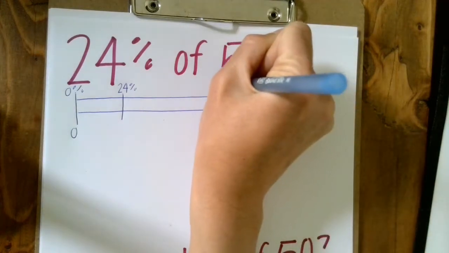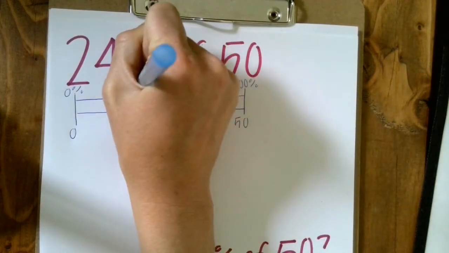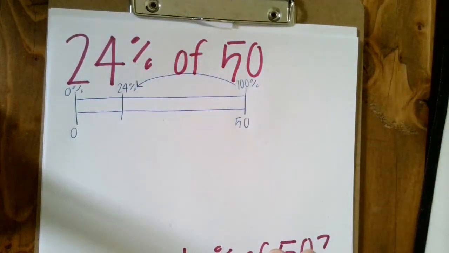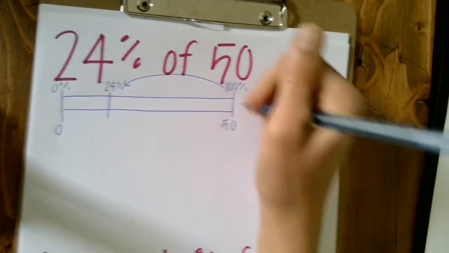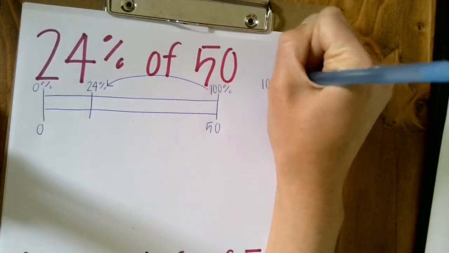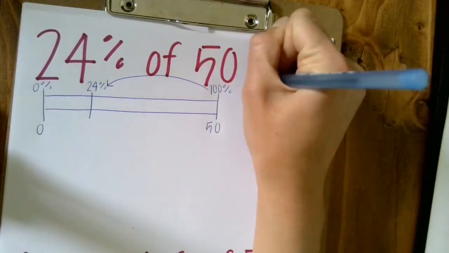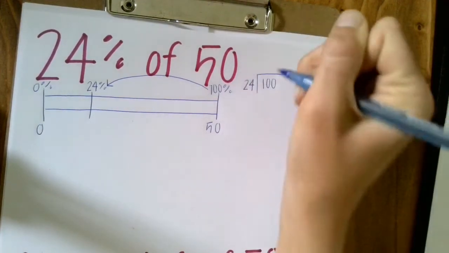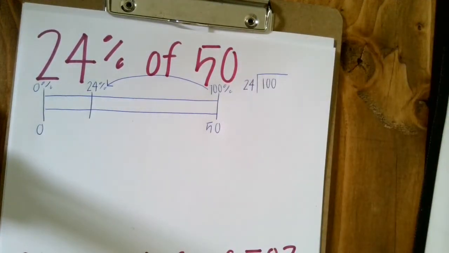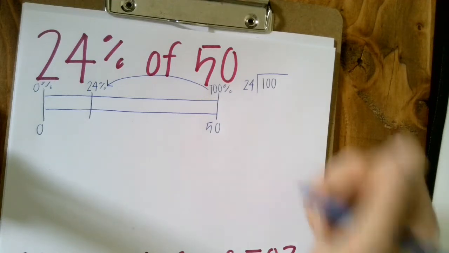So I can say, how can I go from 100 to 24%? I'm going to take 100 and divide it by 24 to figure out what my scale factor is. So 100 divided by 24, we all know will not come out evenly.